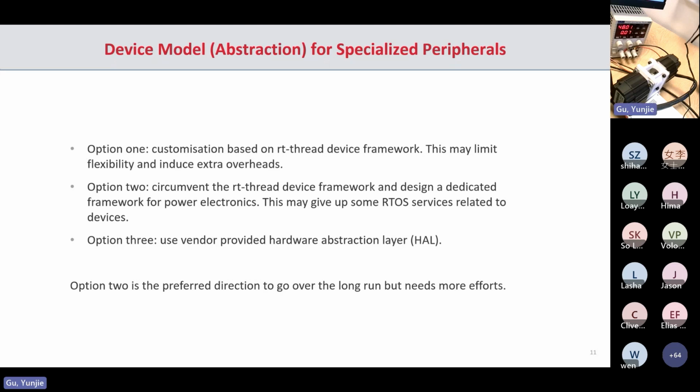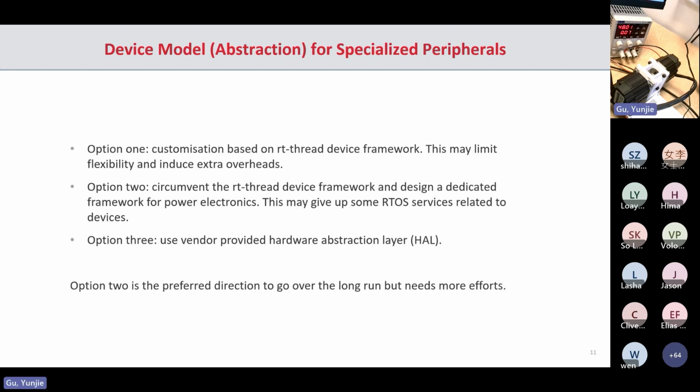So if we want to use the RTT native model, it has to limit some flexibilities in the devices. The second option is to circumvent the RTT device framework and design a dedicated device framework for power electronics. This may give up some RTOS services, but it gives better flexibility and also has smaller overhead compared to the RTT's native device framework.